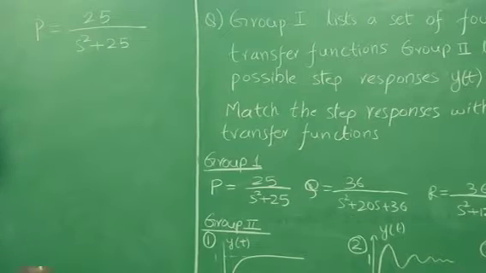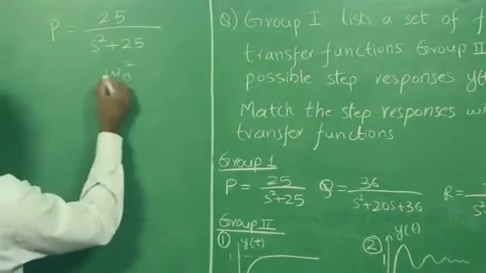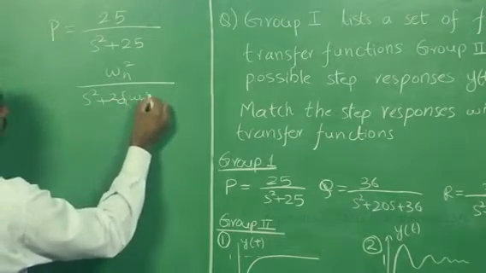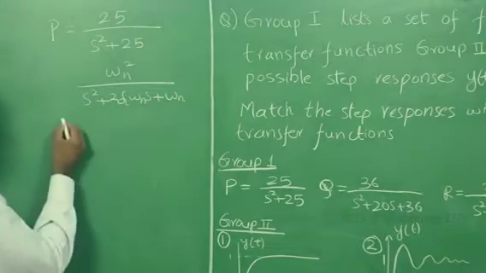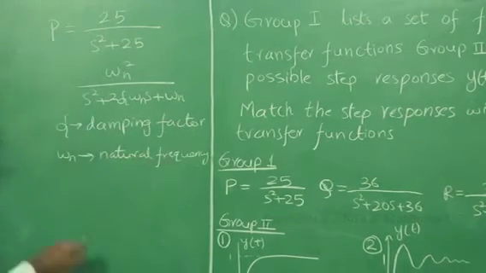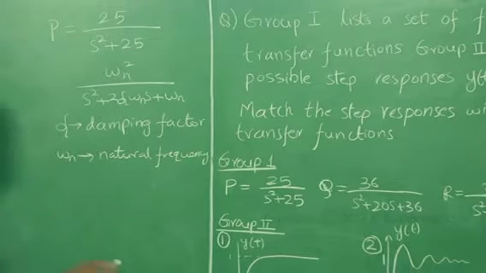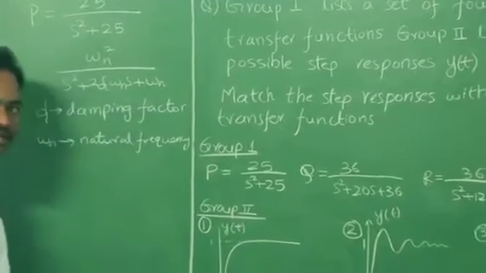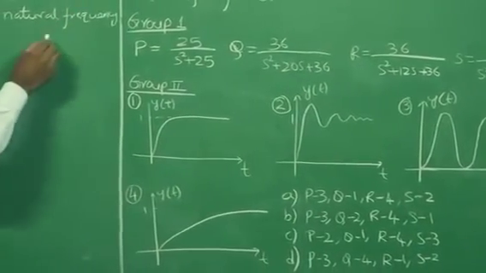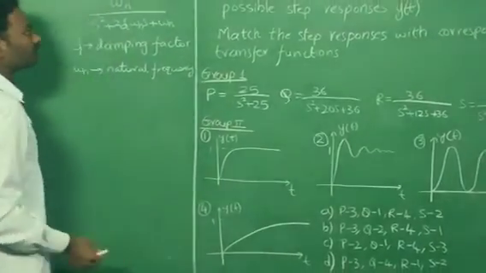By comparing it with the standard form of a second order transfer function, which is omega n square divided by s square plus 2 zeta omega n s plus omega n square, where zeta is the damping factor and omega n is the natural frequency, we can see that these 4 graphs differ in the damping nature. So, if we determine the damping factor of each of these transfer functions, we will be able to match correspondingly.